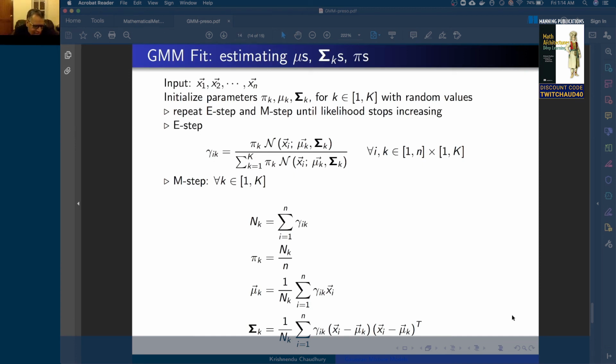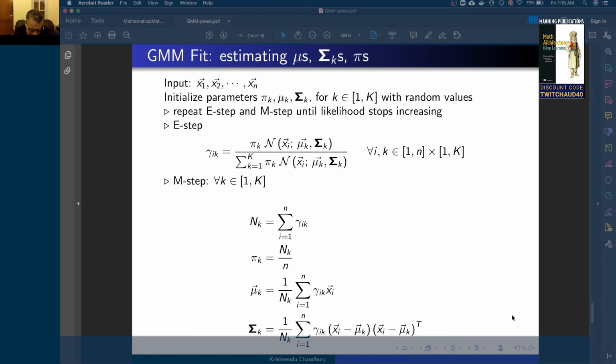Unfortunately, there is no closed form way of identifying the mu, sigma, and pi values for a Gaussian mixture model. We just have to iteratively process the data again and again.